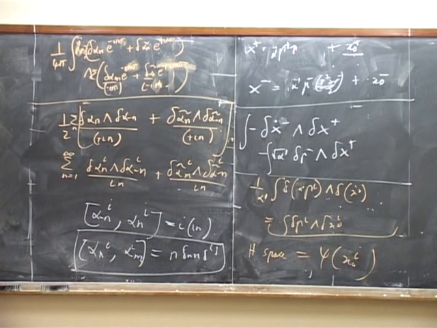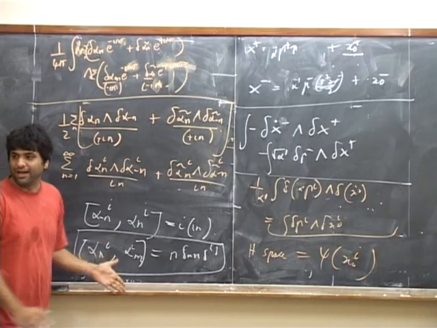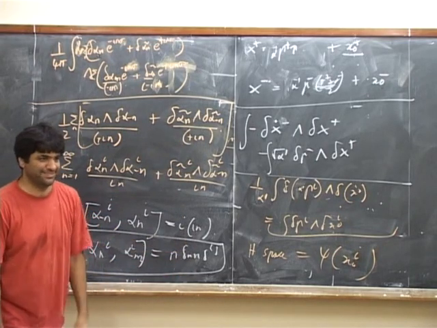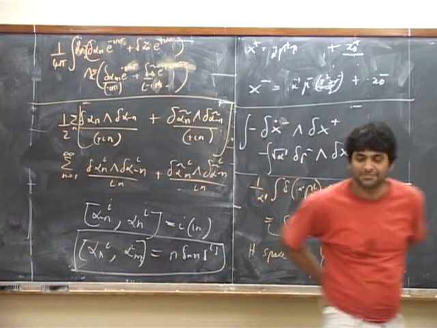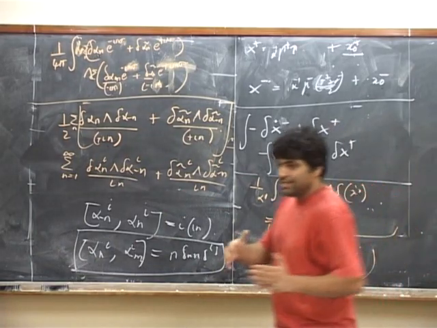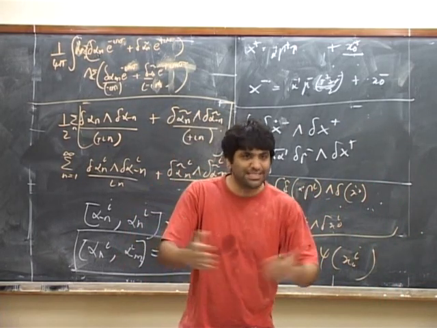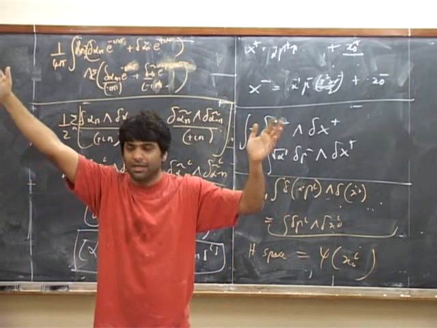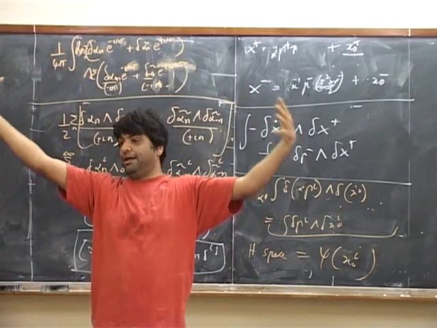And there are d minus 2 copies of these. Actually, d minus 2 times 2 copies of these, because although I have not mentioned it, everything that we do for the alphas also holds for the alpha tildes. Is this clear? So we've got d minus 2 times 2 sequences of harmonic oscillators with frequencies 1 to infinity.